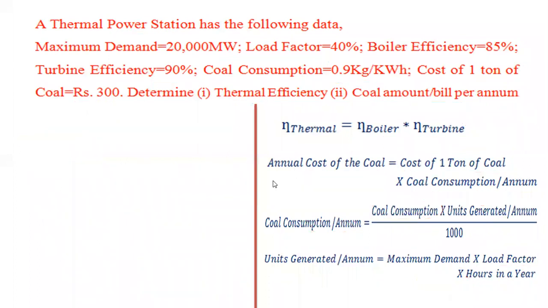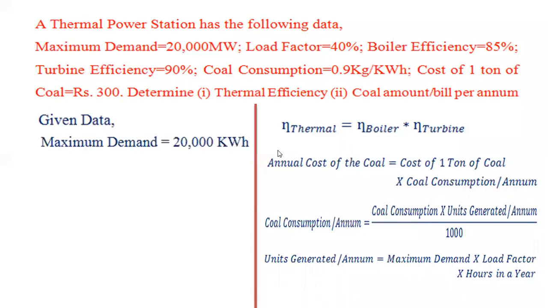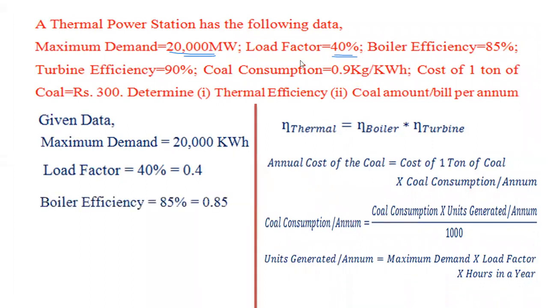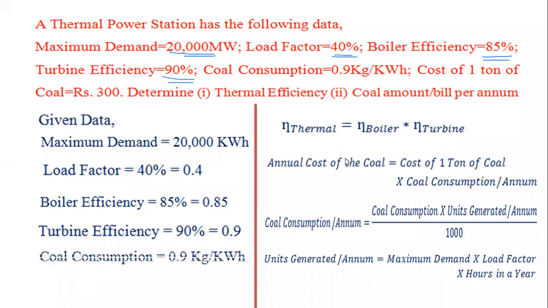Now we will look at the problem. The data given is the maximum demand, 20,000 megawatt, and the load factor is 40%, that is 40 by 100, 0.4. The boiler efficiency is 85%, that is 85 by 100, 0.85, and the turbine efficiency is 90%, that is 90 by 100, 0.9.